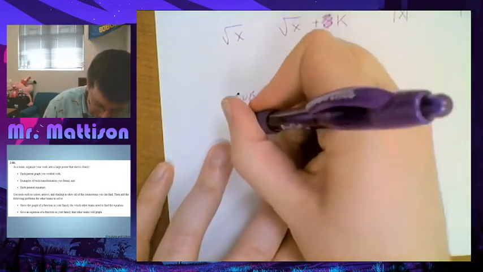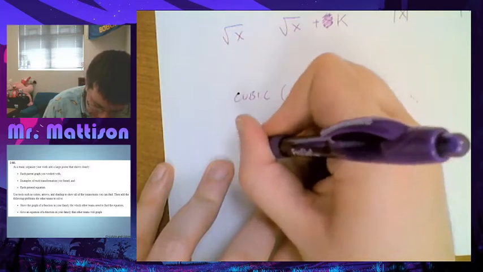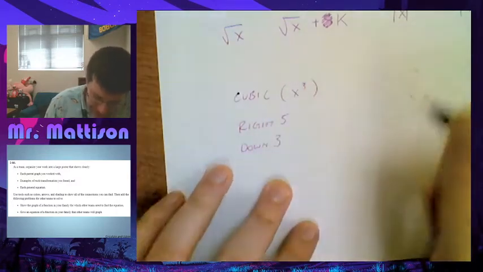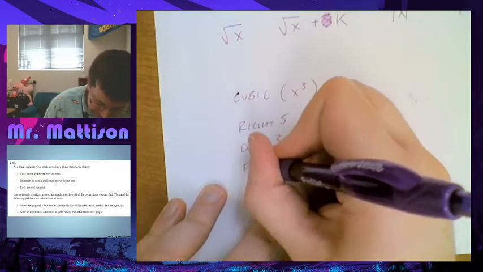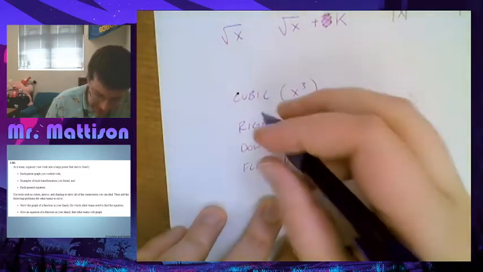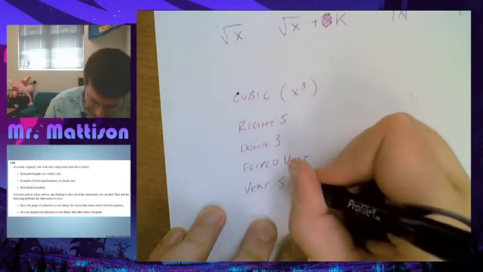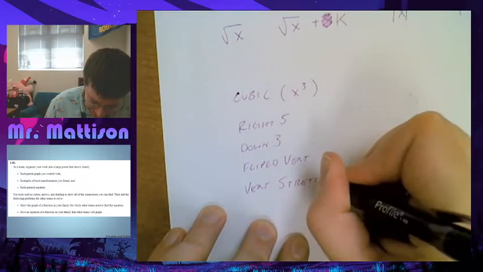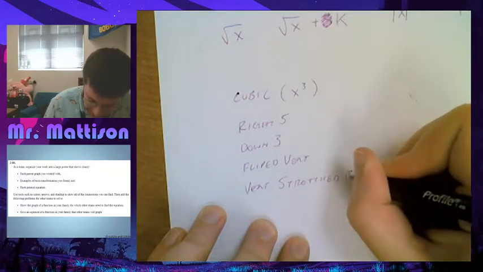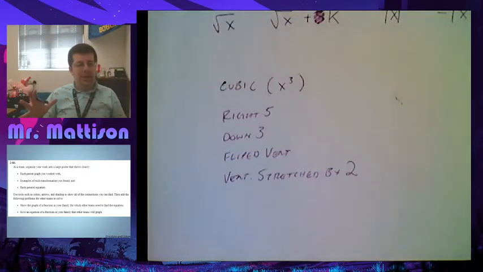And I want it to go right 5, down 3, flipped vertically, and vertically stretched by 2. So write me an equation that meets those criteria. Pause the video, go.